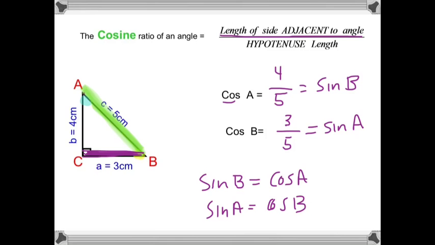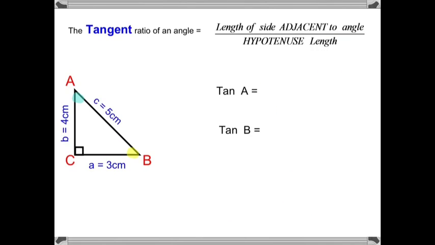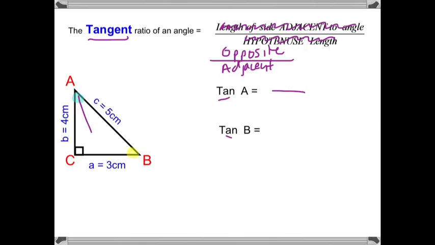Now we get to the tangent ratio. Again, this is a longer word, and this is the abbreviation. I actually mislabeled this. This should be the opposite side length over the adjacent side length. So tan of A, if we focus on A, the opposite would be 3, and the adjacent to A would be 4, the line segment that makes up A but is not the hypotenuse.